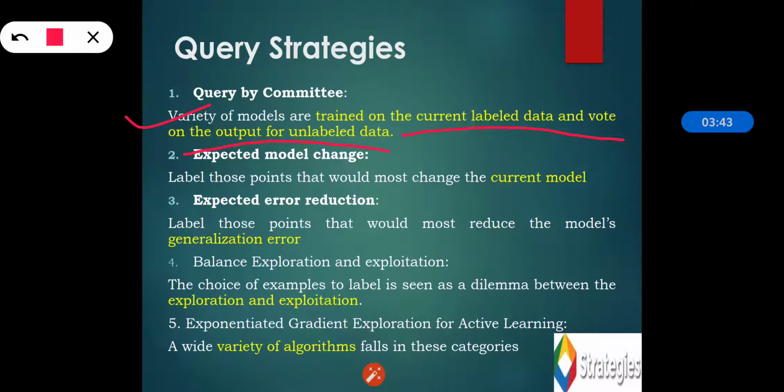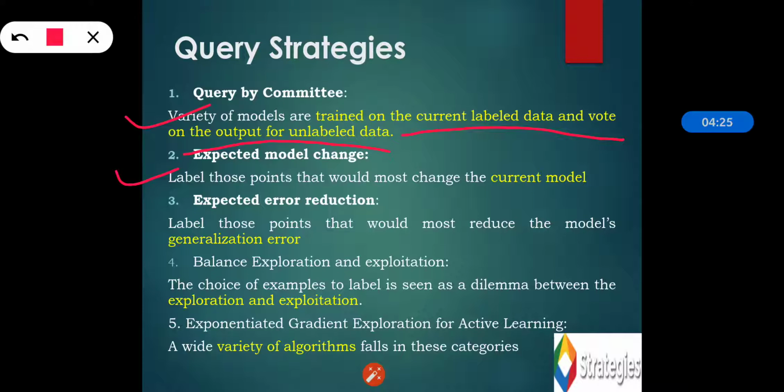As I said, when we are talking about active learning, before querying, the various models are trained, and only after studying those models, the queries are asked. So the training is done on the labeled data, and then the voting for the output on unlabeled data is done. We label those points for which the committee disagrees the most.